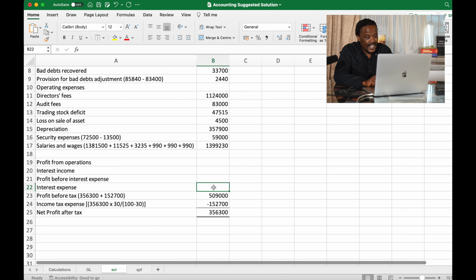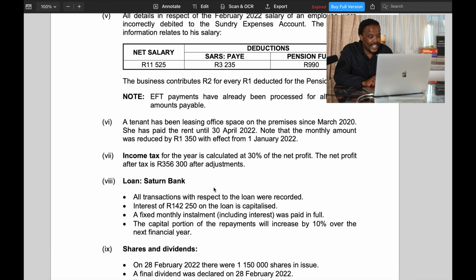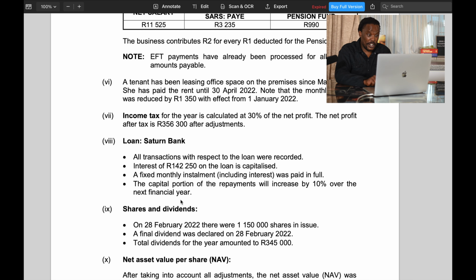Interest expense. Let's look at interest expense. What has been said about the loan? They took the loan from Saturn Bank. Saturn is the planet. There's Mercury, there's Pluto, there's Uranus, there's Venus, 7 planets, I think. But we are not in the topic for planets. We are in the topic for the loan that was taken from Saturn Bank. All transactions with respect to the loan were recorded.